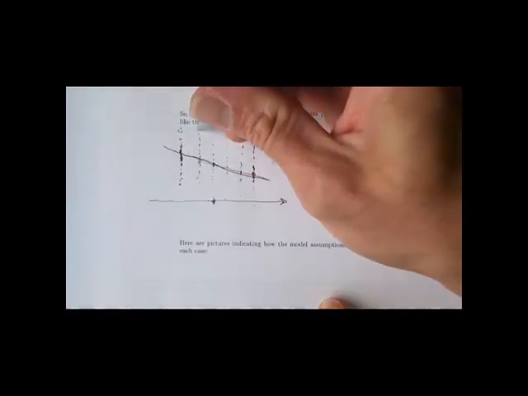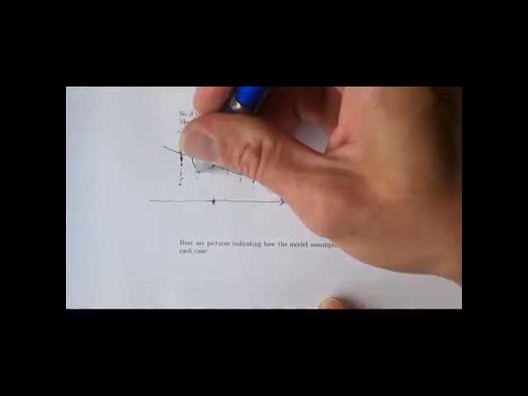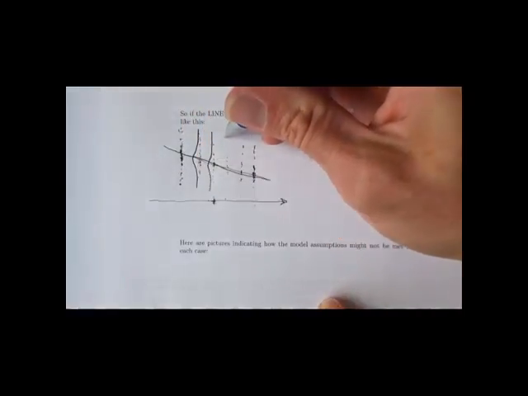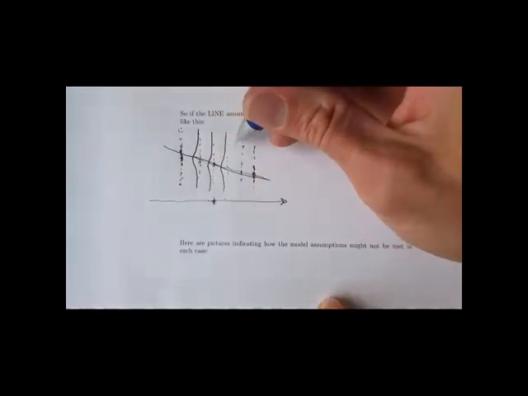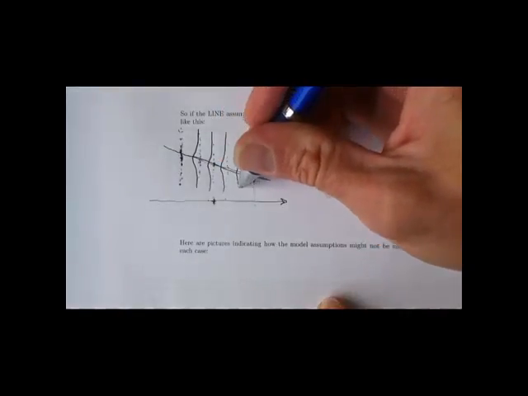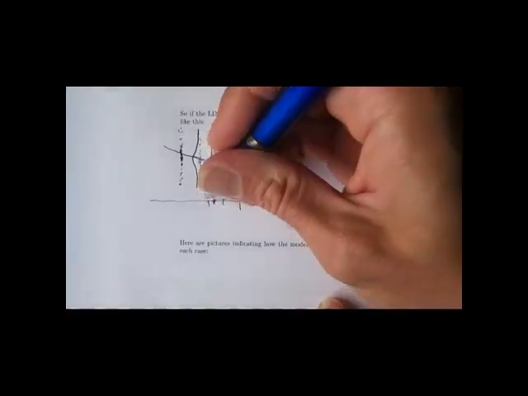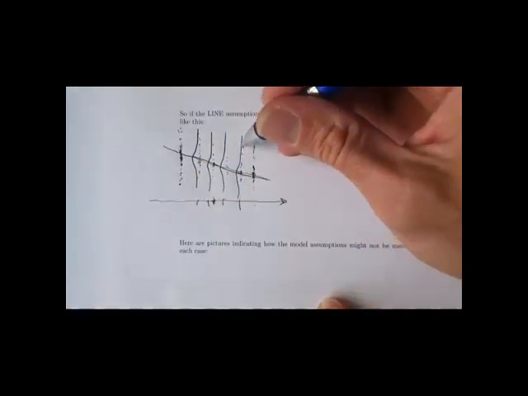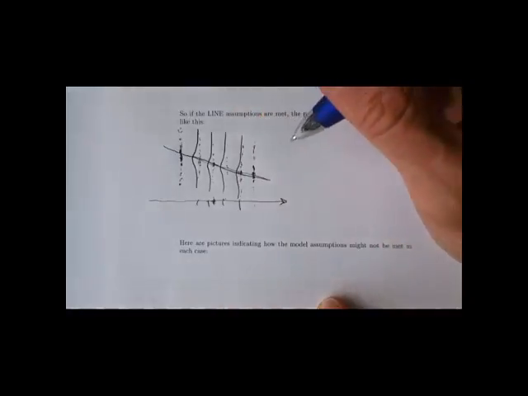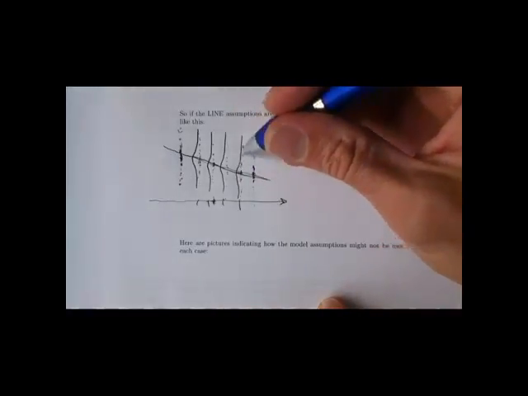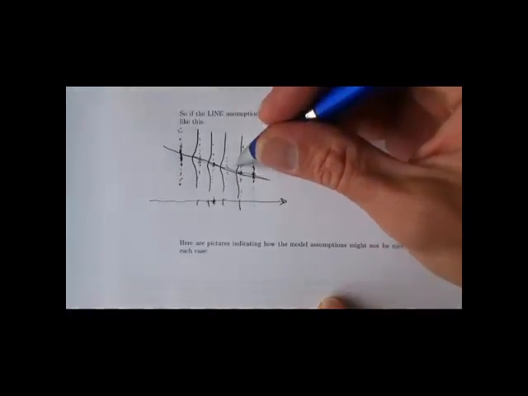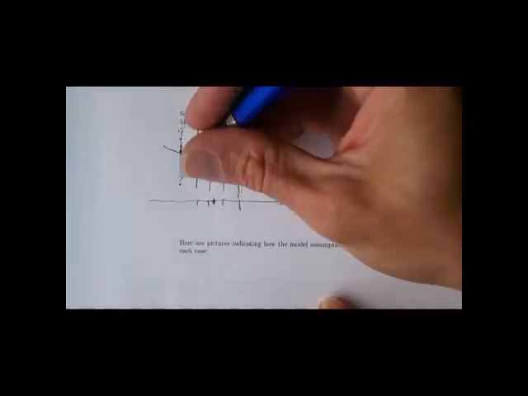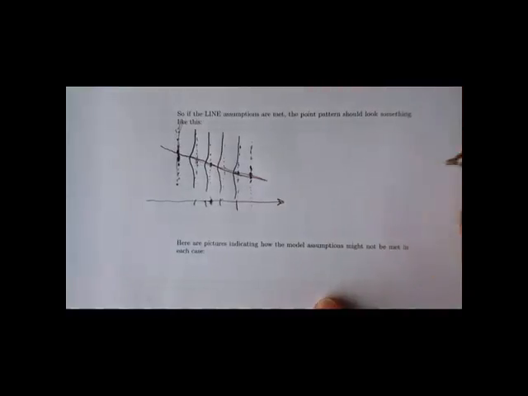Sometimes we draw these density curves like so. But the idea is that no matter where you look along the x-axis, the y value should be behaving like normal random variables, and finally that they should have the same spread outness. The variance off of this line, or the standard deviations off this line, should be the same.